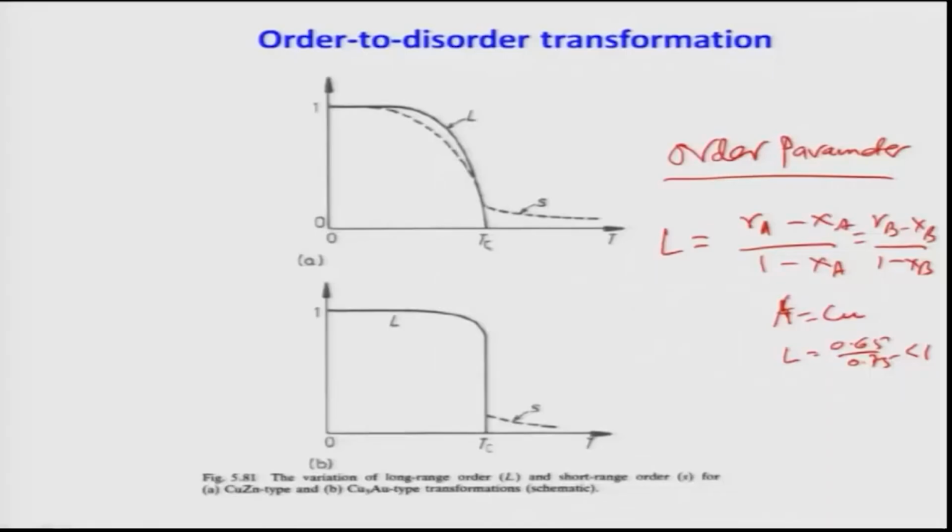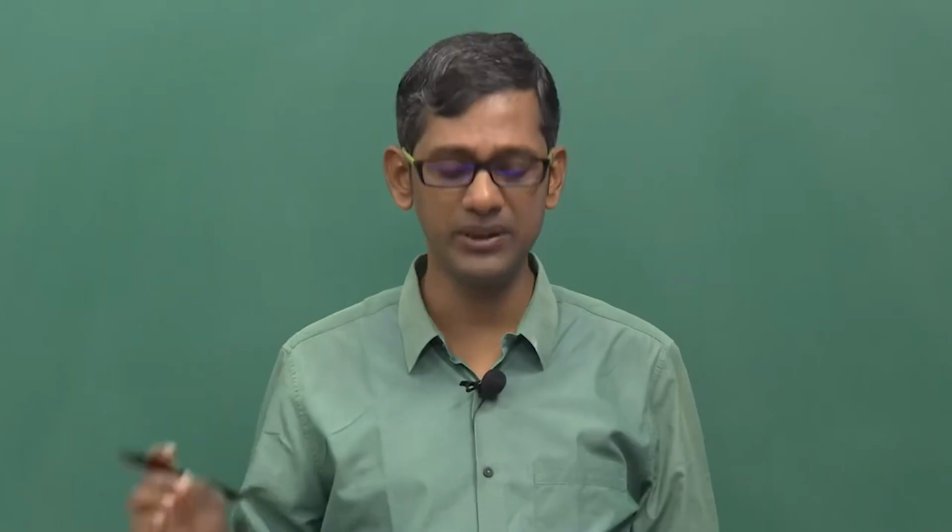So, therefore, L is 0. Why? Because Ra and Xa will be the same value, so therefore it becomes 0, and the long range order L becomes 0. But below Tc, L has a finite value more than 0. Remember, at absolute 0 it will be 1, because at absolute 0 there will be no defects, and all the atoms will occupy their fixed positions.